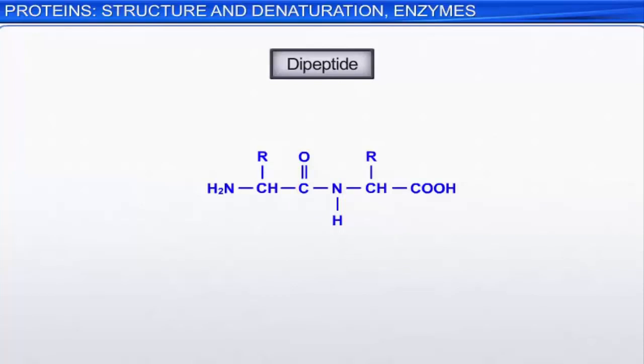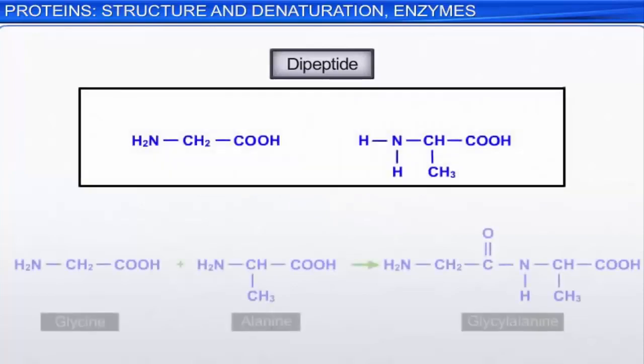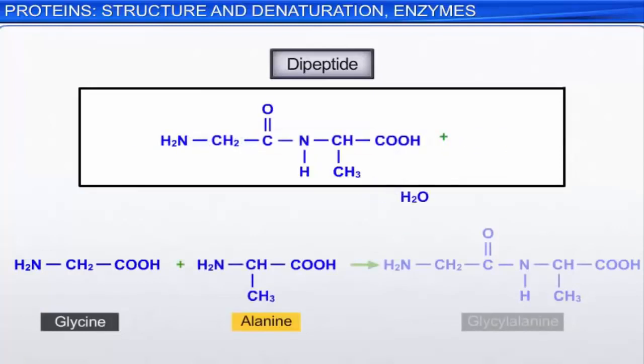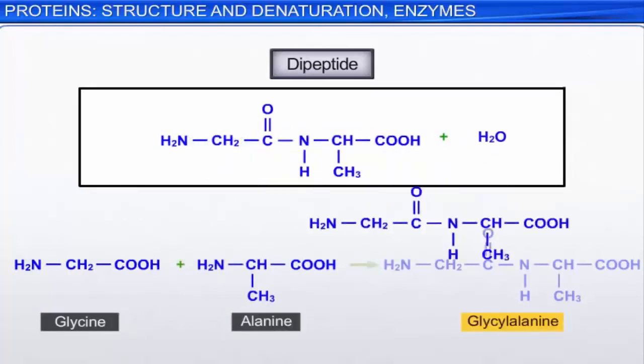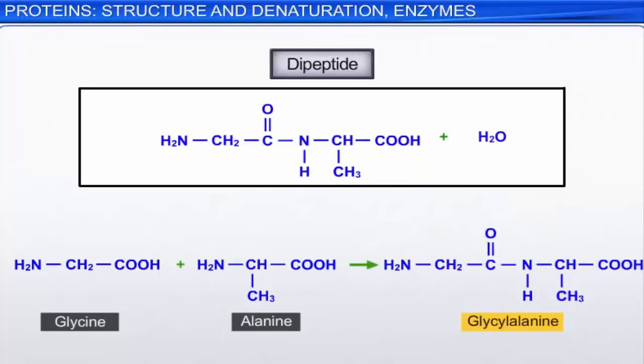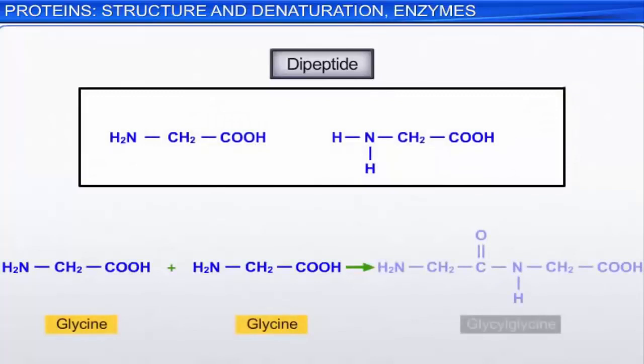For example, when glycine combines with alanine, a dipeptide, glycylalanine, is formed. Similarly, when two glycine molecules combine, glycylglycine is formed.